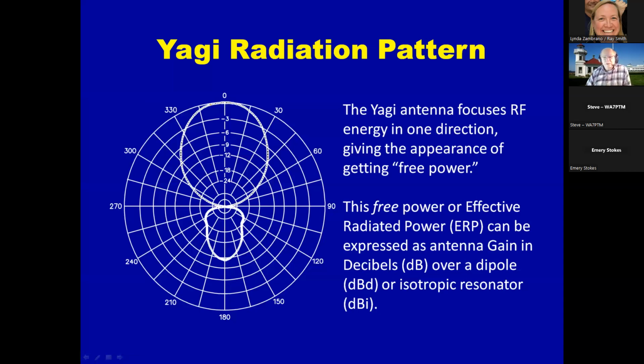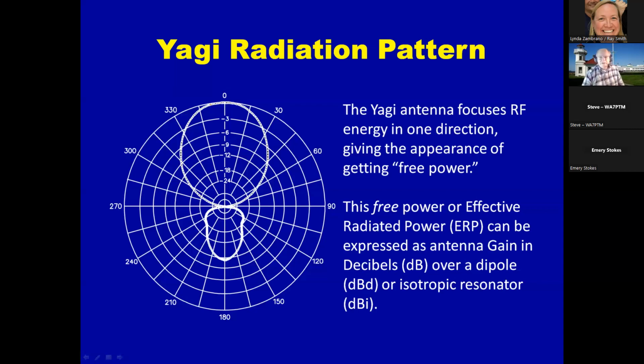You've got to watch what they're talking about. If they're talking about in relation to an isotropic antenna, well, that doesn't even exist, and if it did exist, it would be a poor performer. So they obviously want to compare it to the thing that's going to make them look the best. So they would compare it to dBi.